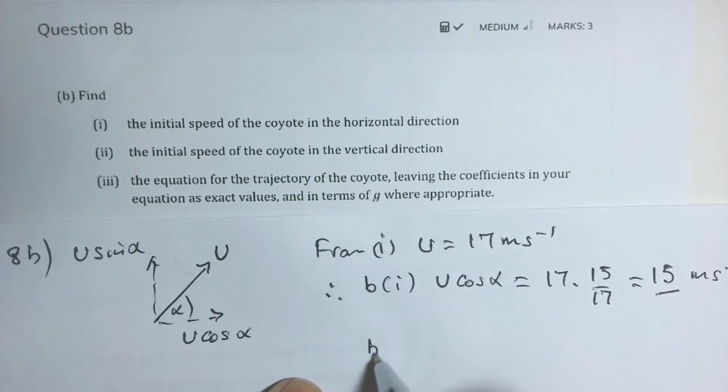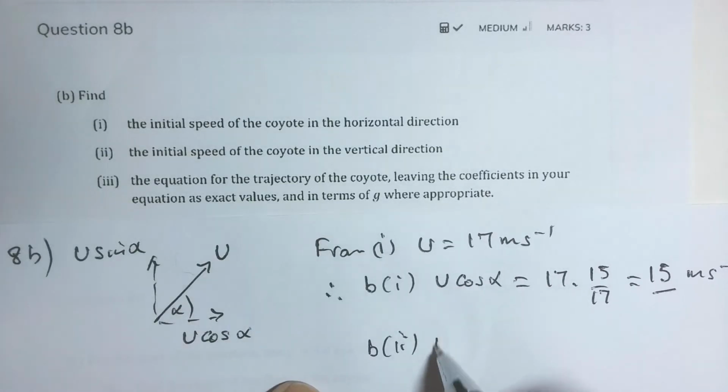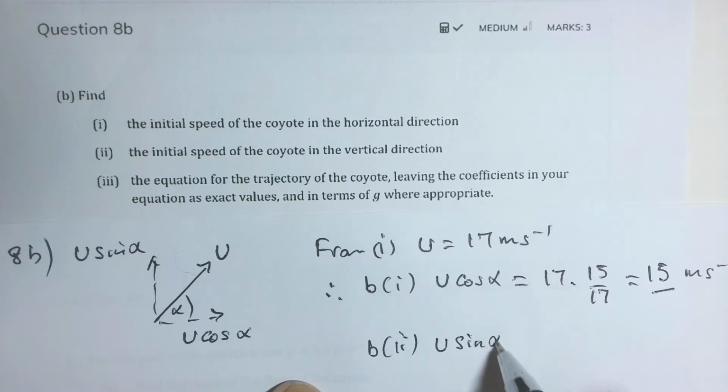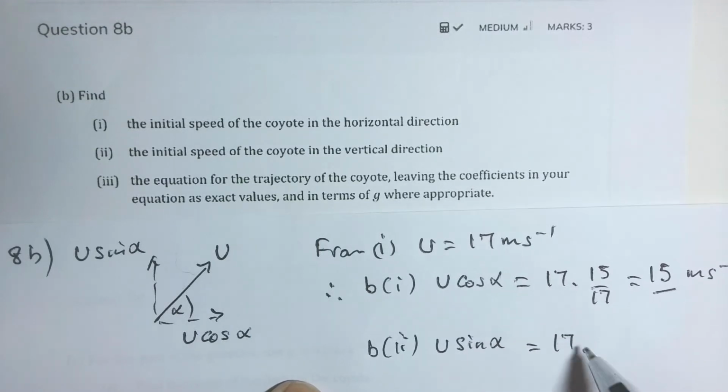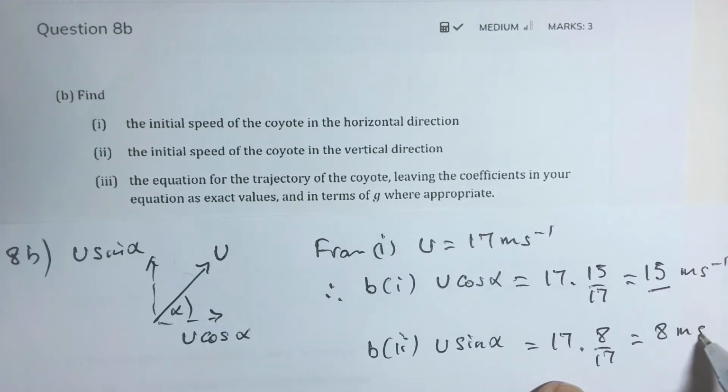B part 2 is u sine alpha, which is 17 times 8 over 17, which is just 8 meters per second.